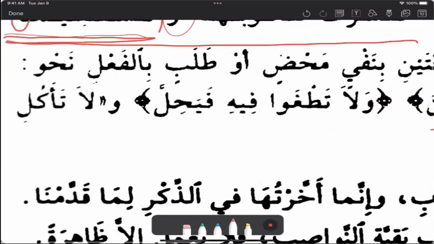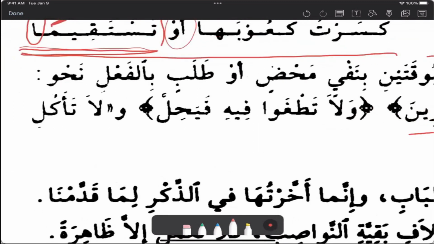And another example, وَلَا تَطْغَوْا فِيهِ فَيَحِلَّ عَلَيْكُمْ غَضَبِي.